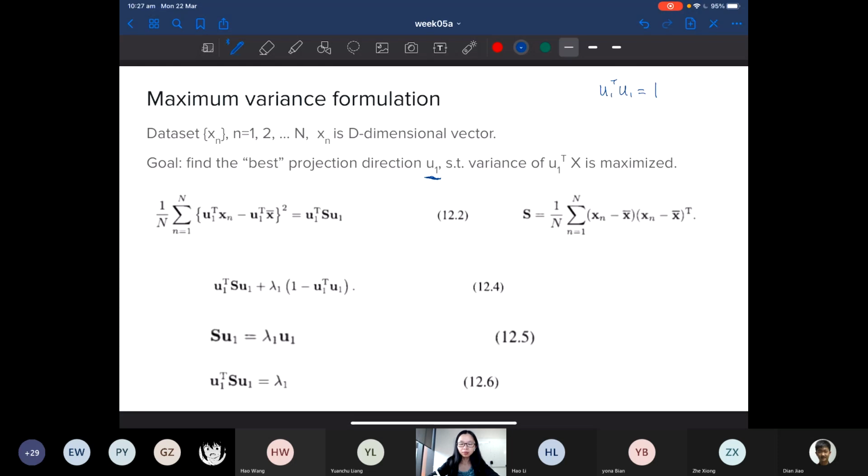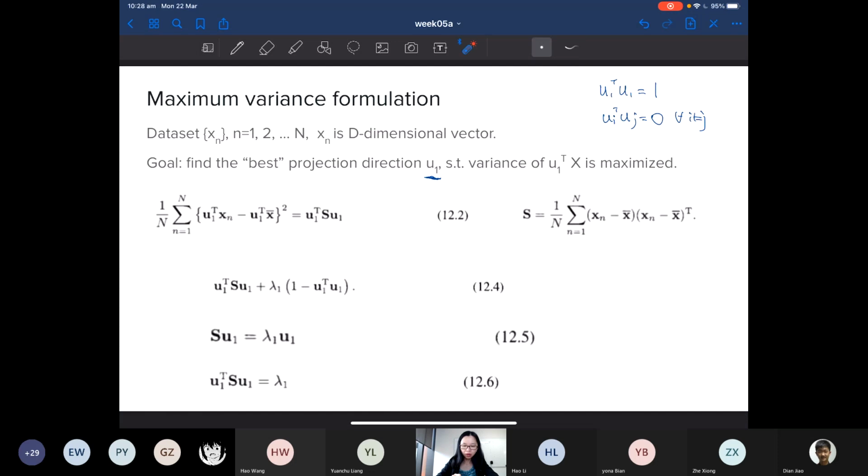And in subsequent vectors, u_i transpose u_j is 0 when i is not equal to j, right? And that's what this part of the Lagrange expression is.